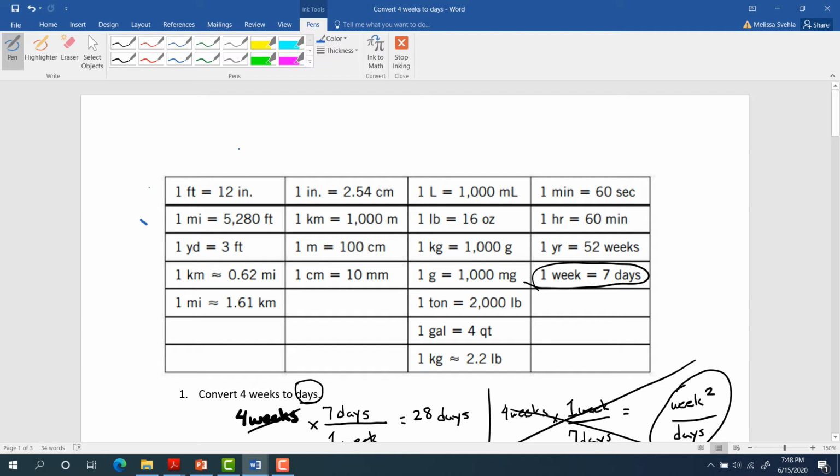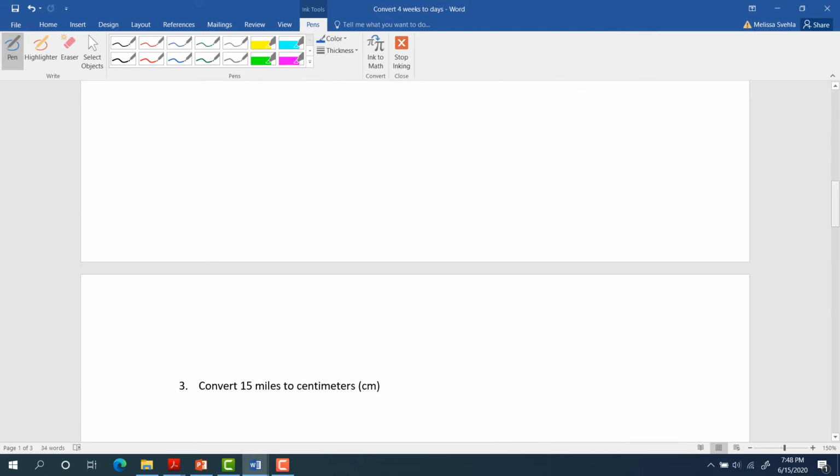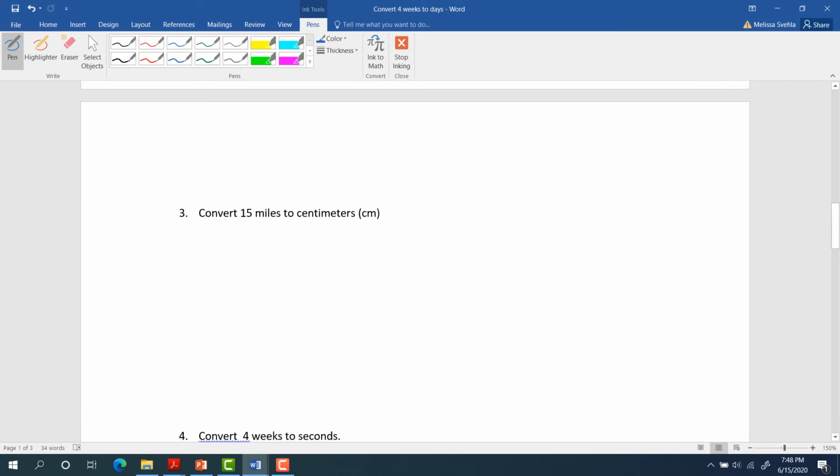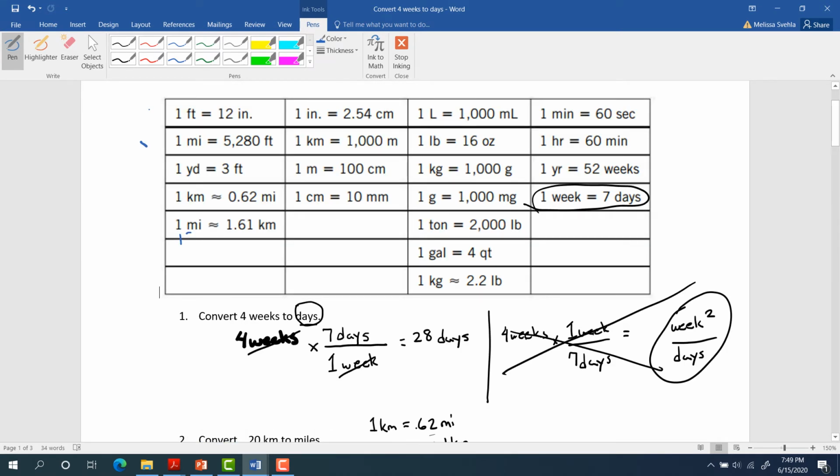So I know that miles go to feet, feet go to inches, inches go to centimeters. And so I want to construct that out. And the way you want to think about this is, okay, I have 15 miles.